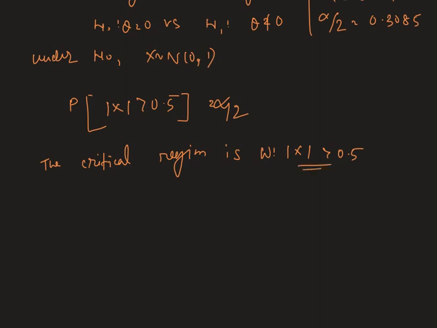Let's elaborate this portion again. As we know, this is a test for mean when sigma is known. This is a test for mean when variance is known. Therefore this must be a z test.